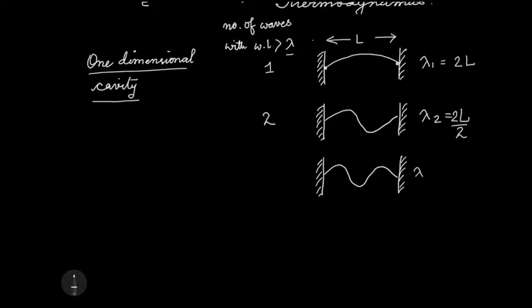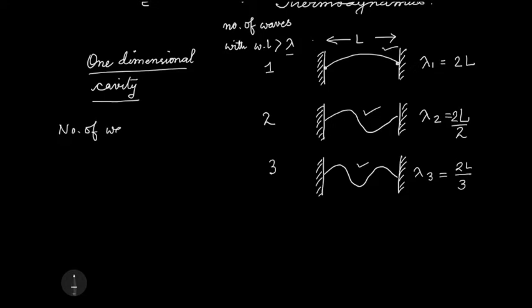And if I consider the case where it completes 1.5 oscillations, I am asking how many waves I can fit in which have wavelength greater than lambda 3, which is 2L by 3. You can see that I can fit in all these three waves here. So I can fit in three waves.